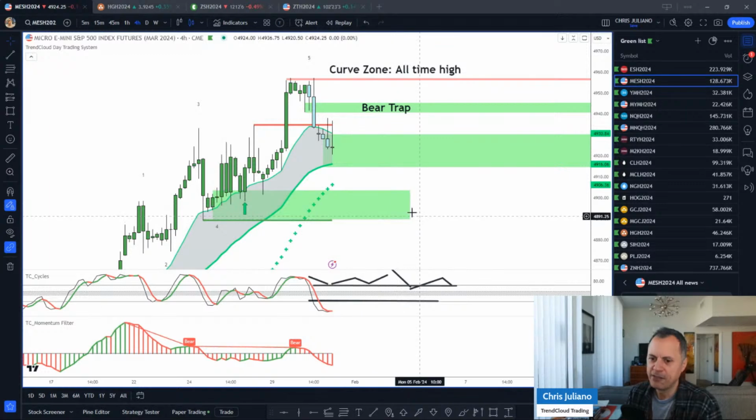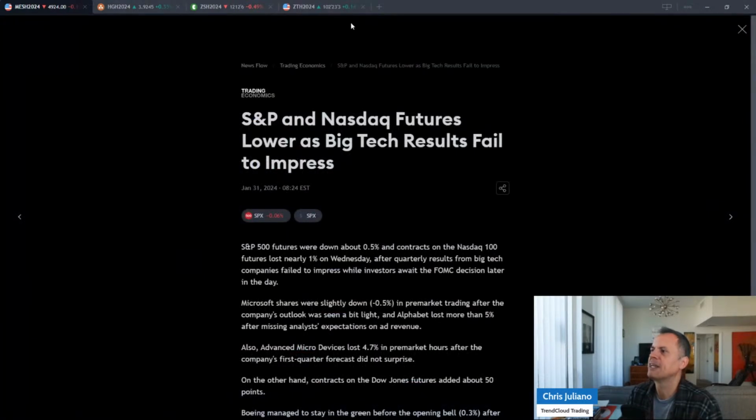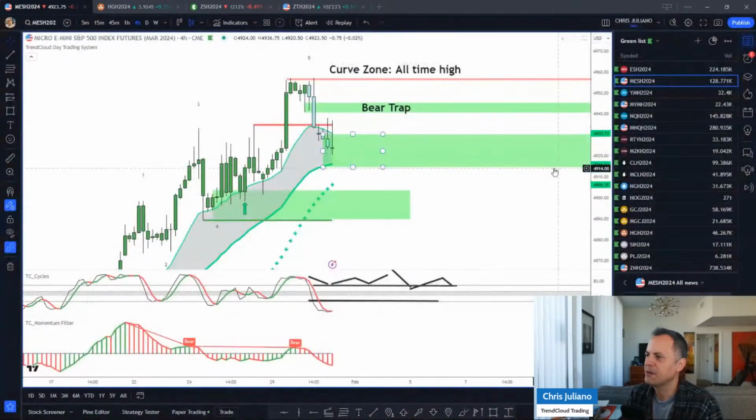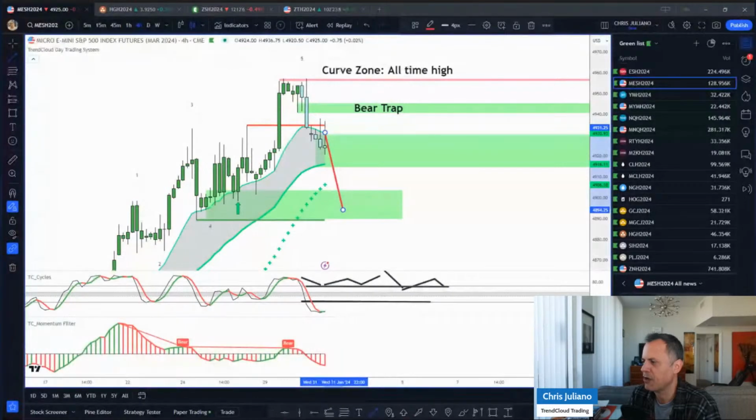That is what's going on in the news. And so when people who really don't know what they're doing listen to the news and they see these crazy articles, they really react off of them. And that's good for us, because it'll just be a catalyst for this move down, into around this area. And then we can start looking for the patterns to take place on the lower time frames.